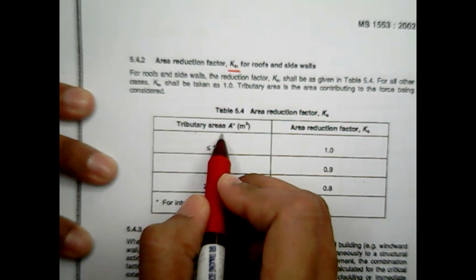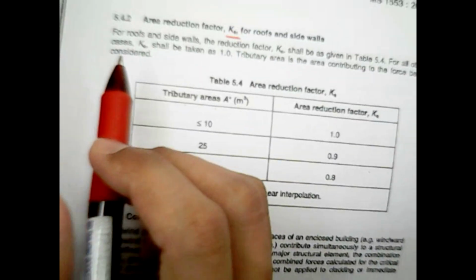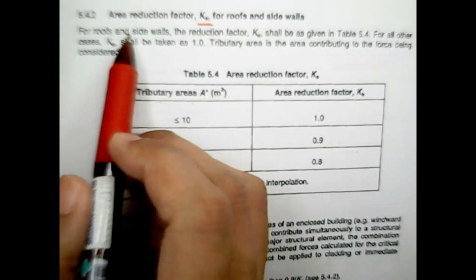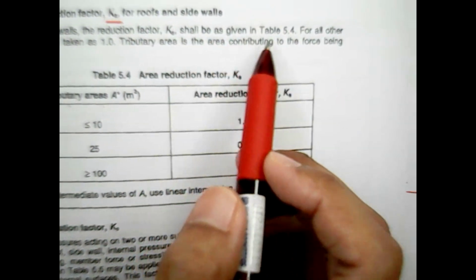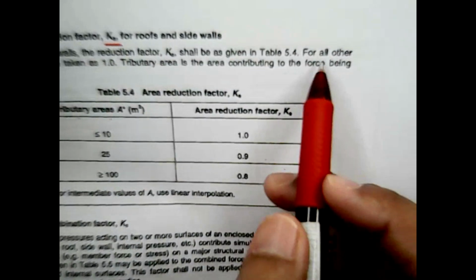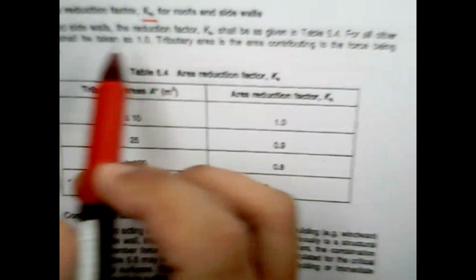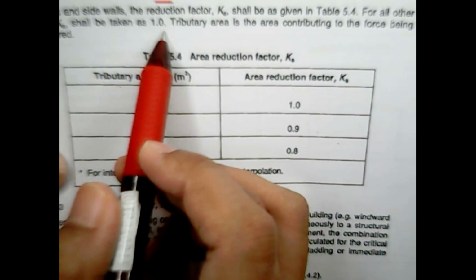What does it mean by tributary area? So you have to read the clause. For roof and side walls, the reduction factor KA shall be as given in table 5.4. For all other cases, KA shall be taken as 1.